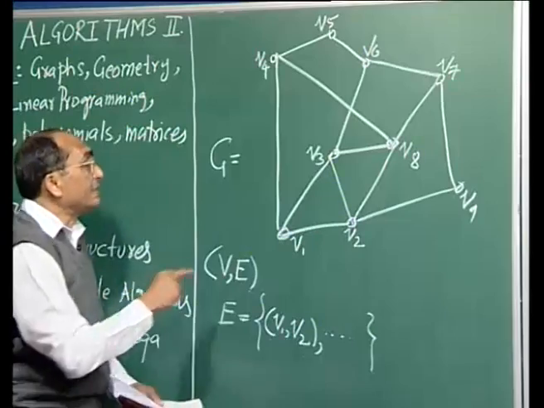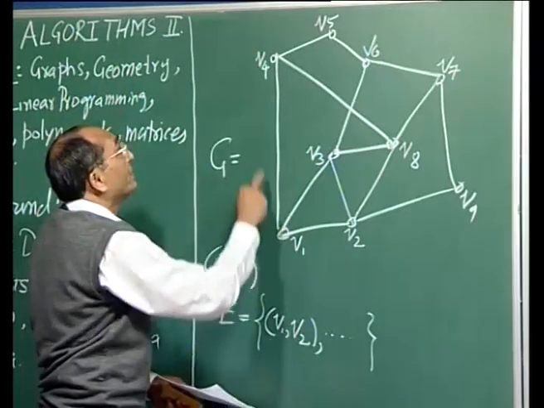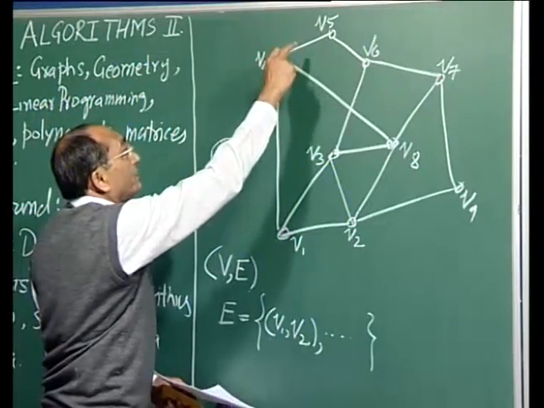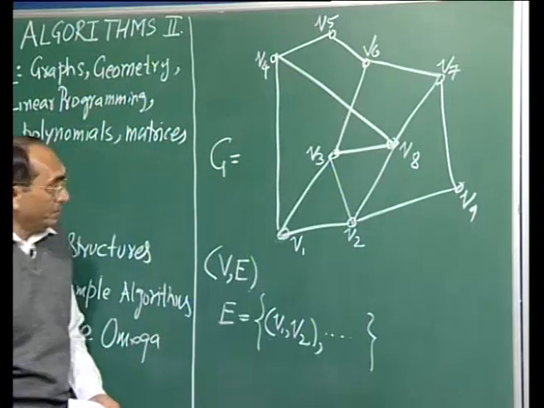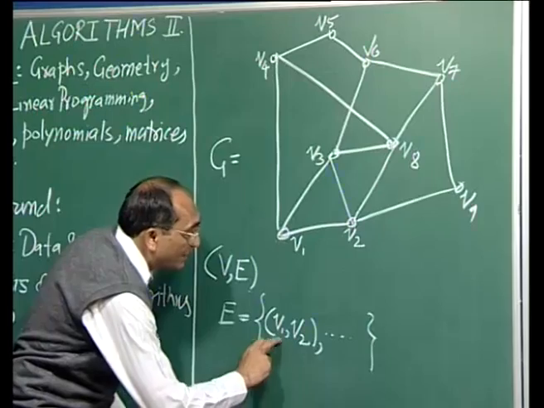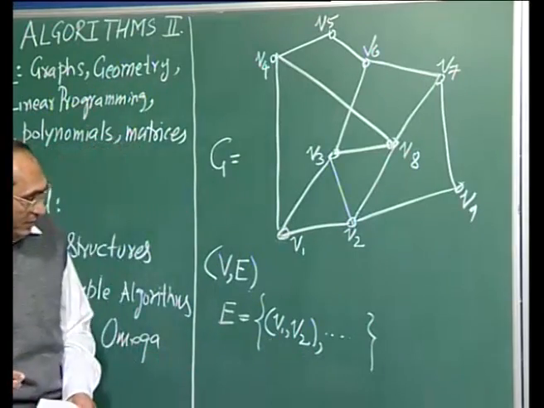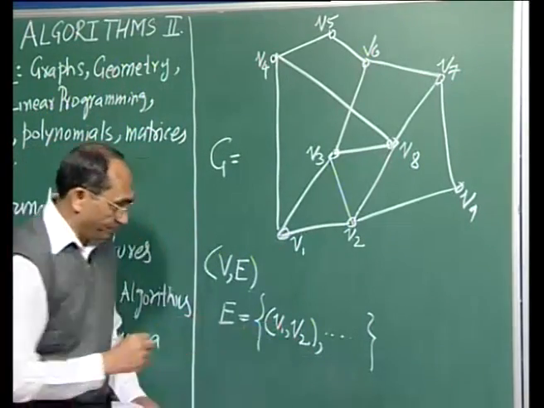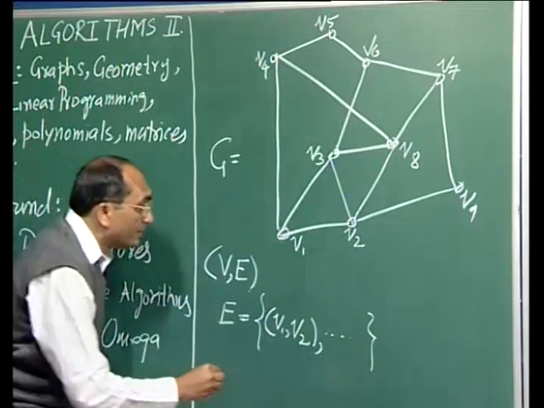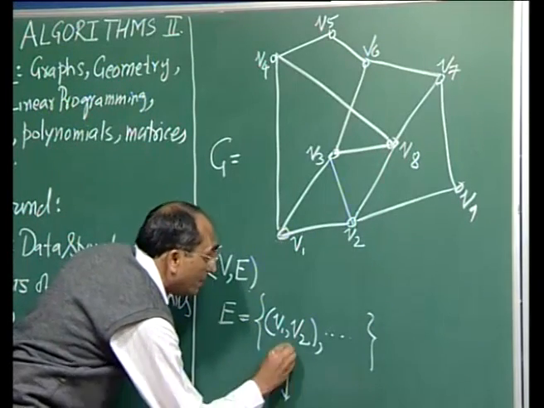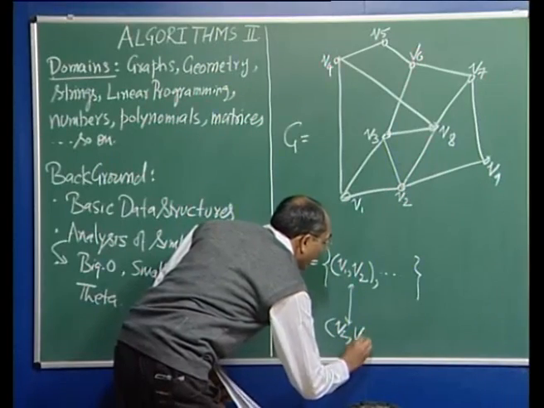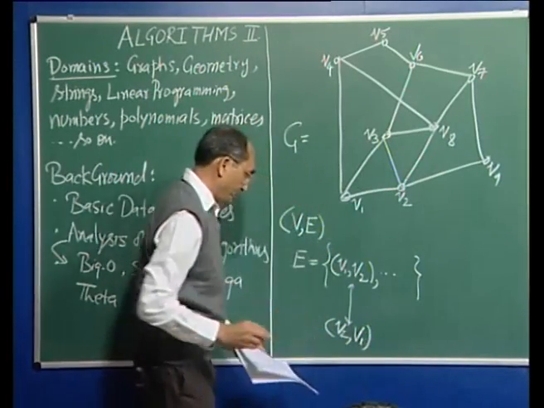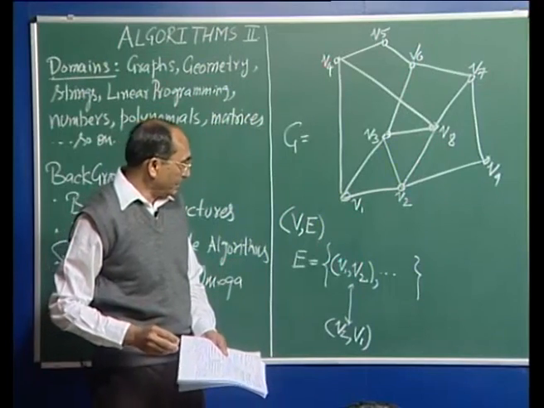So, there are edges like V1 V3, V1 V4, V4 V5, V5 V6 and so on. These are called edges. Hence, there is no difference between V2, V1 and V1, V2. We consider them as the same.